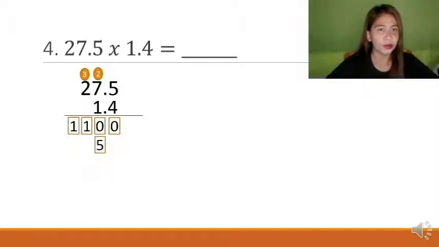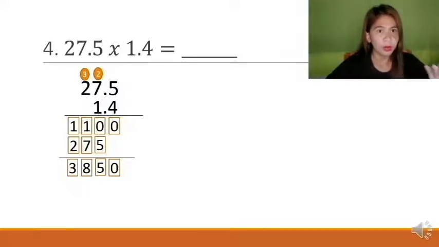Now 1 times 5 is 5. 1 times 7 is 7. 1 times 2 is 2. Then we add the partial products. 0 plus 0 is 0. 0 plus 5 is 5. 1 plus 7 is 8. 1 plus 2 is 3. So you now have 3850.